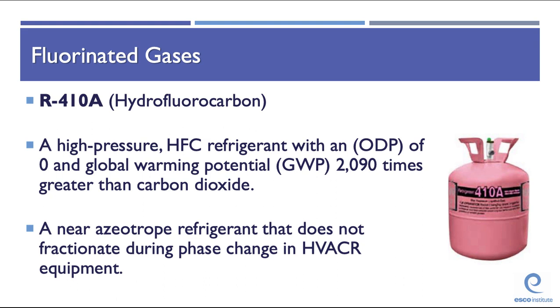R410A is again a hydrofluorocarbon. It's an HFC refrigerant with an ODP, because there's no chlorine in it, of 0, and a global warming potential 2,090 times greater than carbon dioxide. It's a near azeotropic refrigerant that does not fractionate during phase change in an HVAC system.